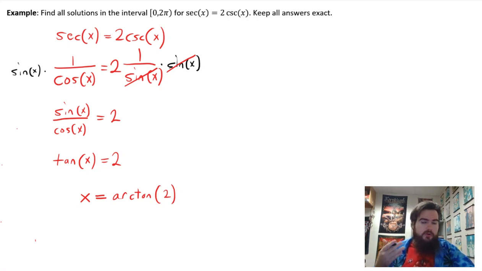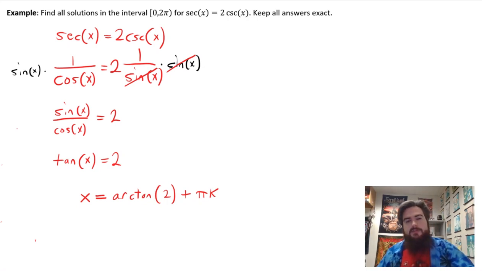I know the ratio of 2 for secant and cosecant, but not tangent. So arctangent of 2, we'll just keep it there. And then the full infinite solution set would be plus pi k. Now remember, the question did not ask us for the full infinite solution set, so this is not the final answer, but it can help us come up with the answers that we need.